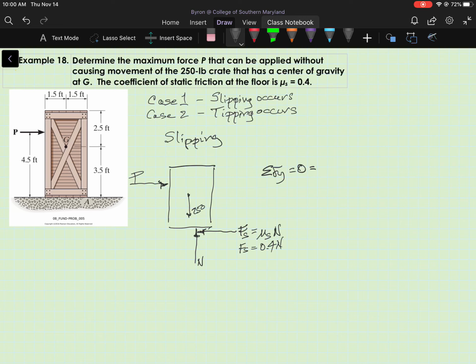Assuming that upward is positive, we'll have the weight acting downward plus N. So pretty simply, N equals 250 pounds.